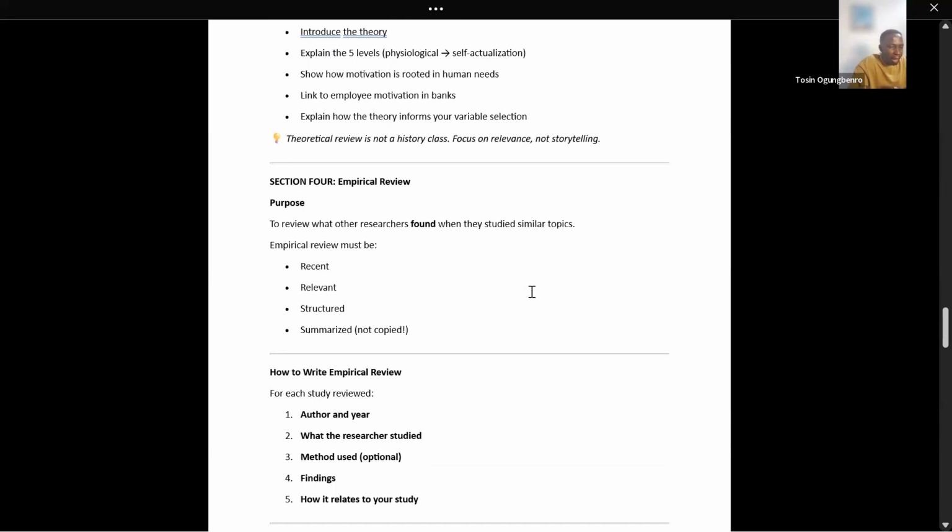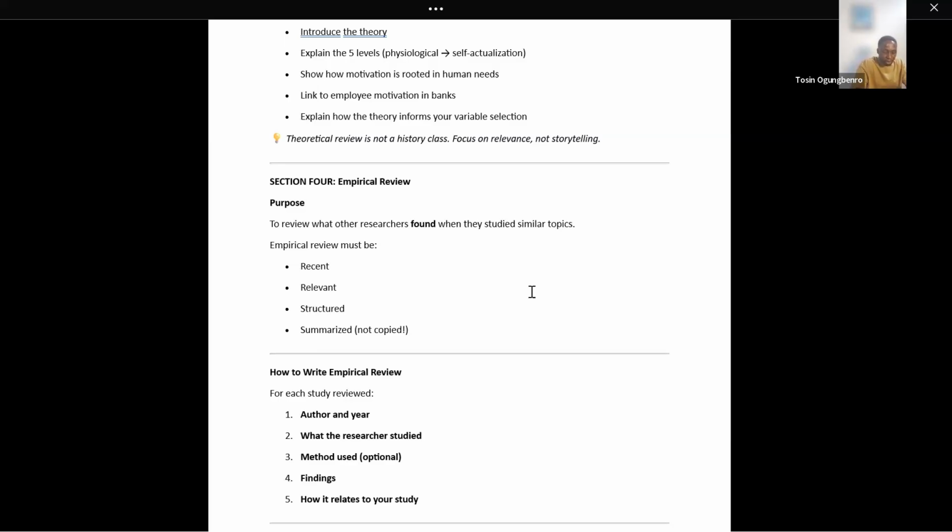So the fourth one is the empirical review. I hope you've been able to get the difference between conceptual and theoretical. The difference is wide. Now, empirical review and conceptual review is where people mix things together. The purpose of the empirical review is mainly to see what others have found out.